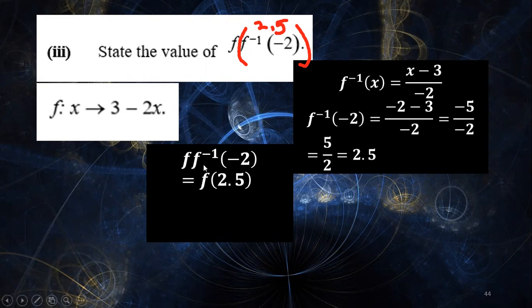So we go back to f of x to evaluate f of 2.5, and we replace the x in f of x with 2.5. So it becomes 3 minus 2 times 2.5, which gives me -2. All right, so take a minute and see if it makes sense to you.